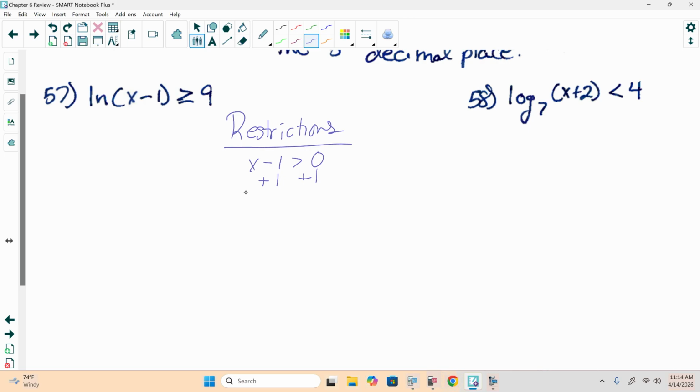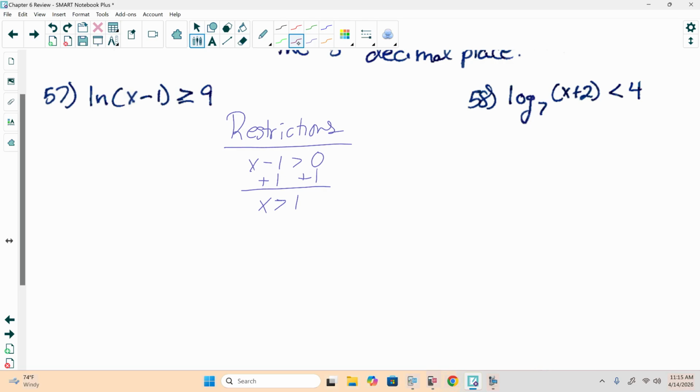So we're going to set what's inside the logarithm greater than 0 and then solve for x. So for 57, we're saying that x has to be greater than 1. Whatever the solution set that we get is, we cannot include values of x that are equal to 1 or less than 1. Because if we do, we have values of x that would make what's inside the log be 0 or negative.